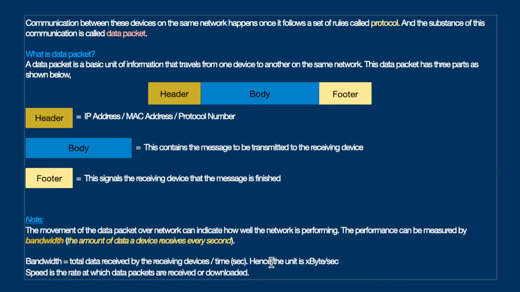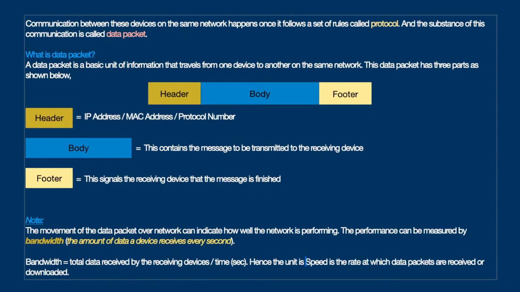Are we together? So hence the unit is, I use that x as a variable, actually it can be substituted for anything. So let's say we have something like MB per second, or BPS. You've seen something like that before, right?